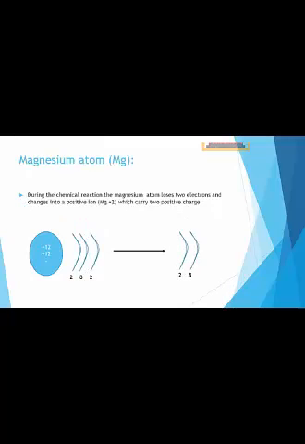A second example, the magnesium ion. A magnesium atom during the chemical reaction tends to lose 2 electrons from the outermost energy level and will be changed into Mg2+. Why positive 2? Because magnesium loses the 2 electrons in the outermost energy level and carries 2 positive charges.